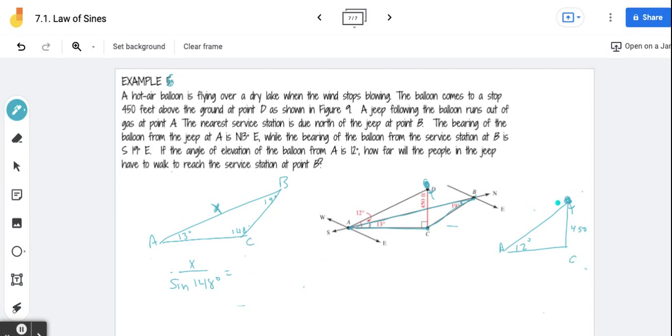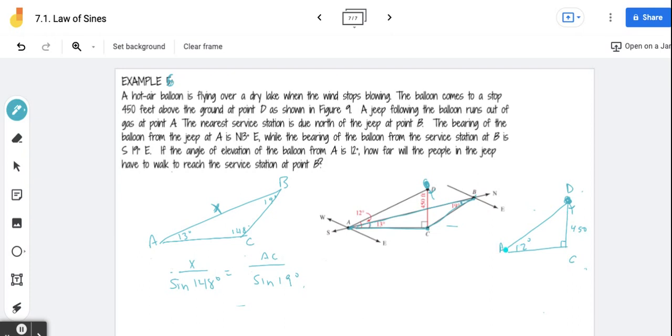This was A, this is D, where the balloon is, and this is directly under the balloon. So what I see is that I can use this triangle to find AC. And if I know AC, then I know AC over here, and that gives me the other side. So this will be whatever AC is, I'll fill it in a second, over the sine of the angle across from AC, which is 19. So I need to find AC using this triangle before I can finish this off.